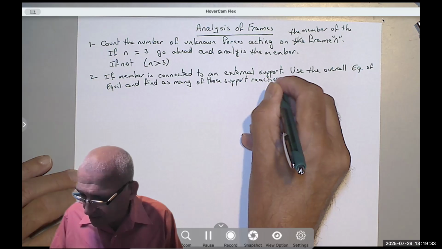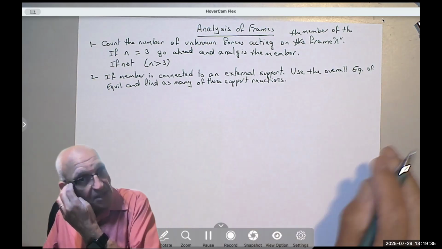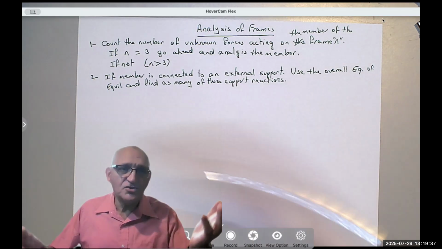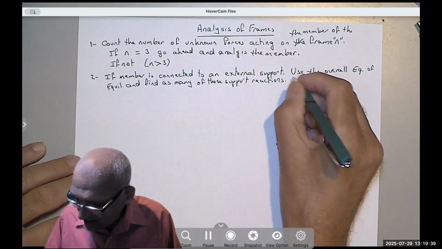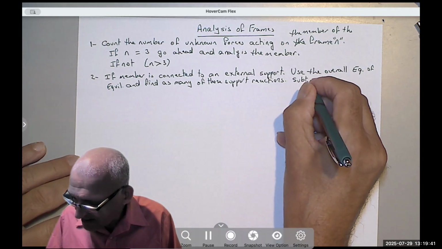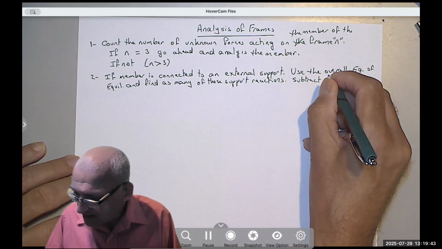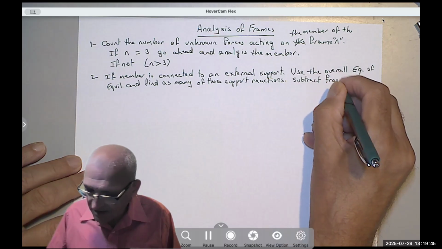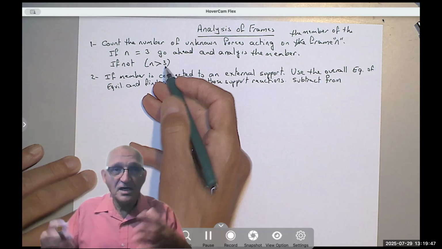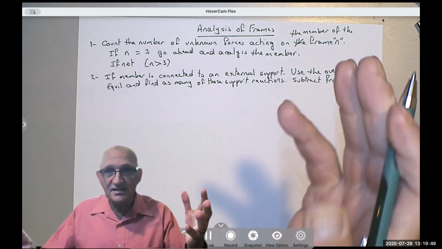Sometimes you cannot find them all, but find as many, one, two, whatever. Subtract from n, because these were among the unknown forces acting on the frame.